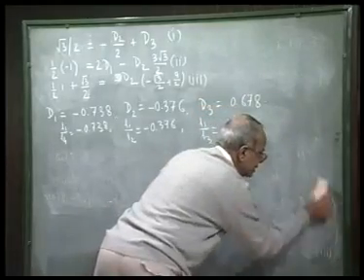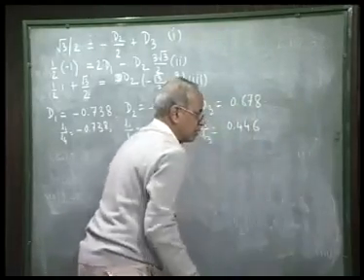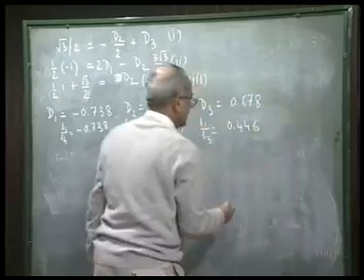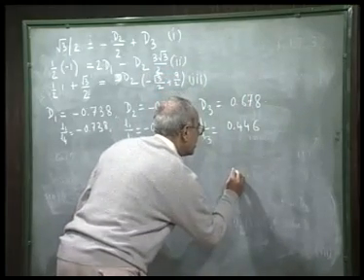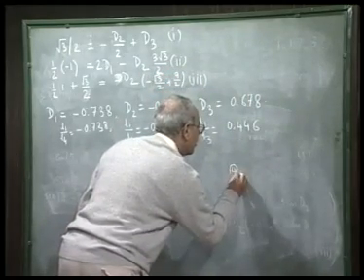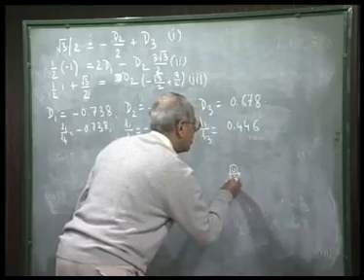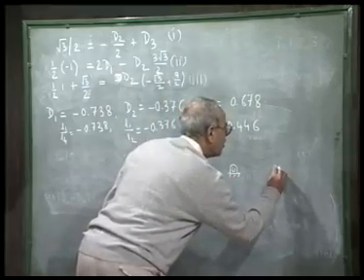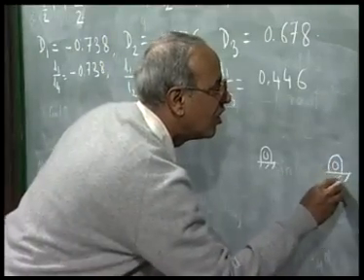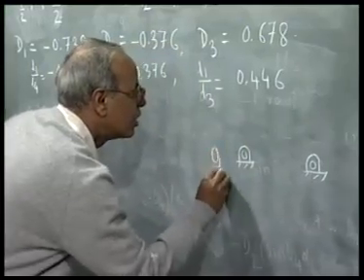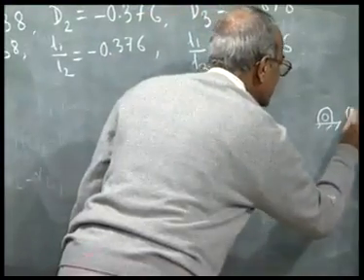Now, if we draw this mechanism at this particular configuration, what we see is that this is O4 and this is O2.